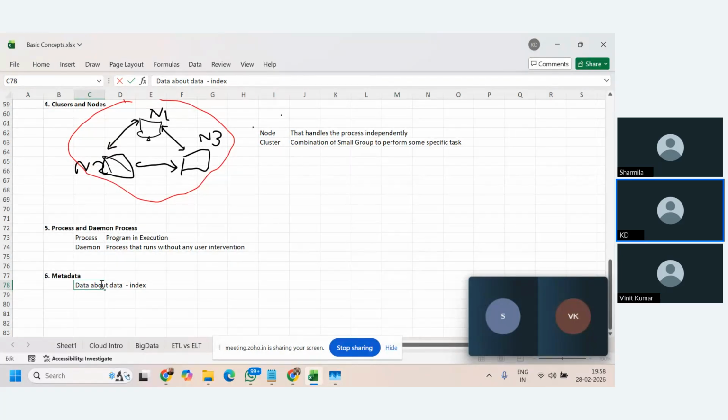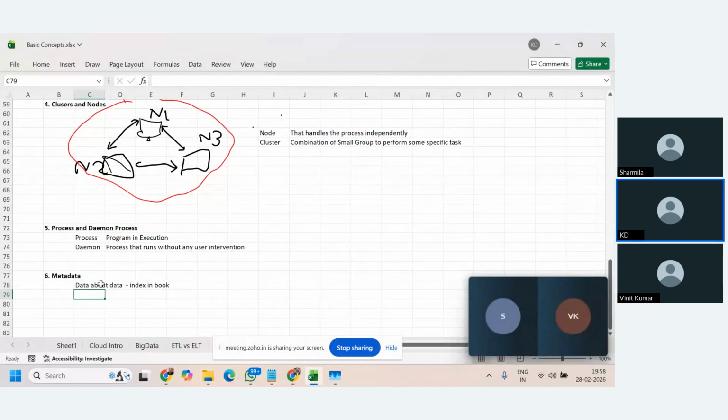That index is known as metadata, data about data. Your data is the book, but about that data, where will you get information? If you have to search a topic, you first go to the index, see in which chapter that topic exists, and then go directly to those pages. So the index in your book is data about data.